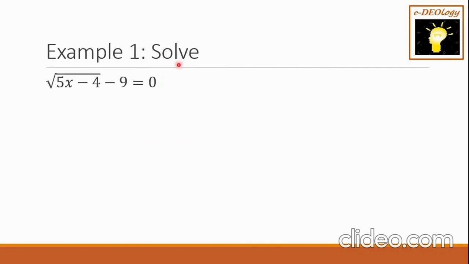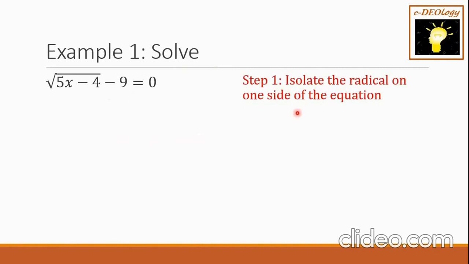Let us have example 1. Solve this equation. The square root of the quantity 5x minus 4, and then minus 9 equals 0. In step 1, let us isolate the radical on one side of the equation. So let us isolate this big radical.